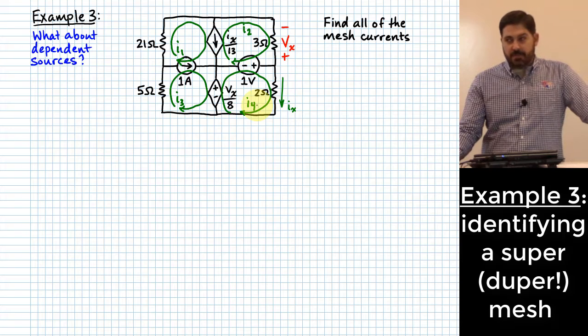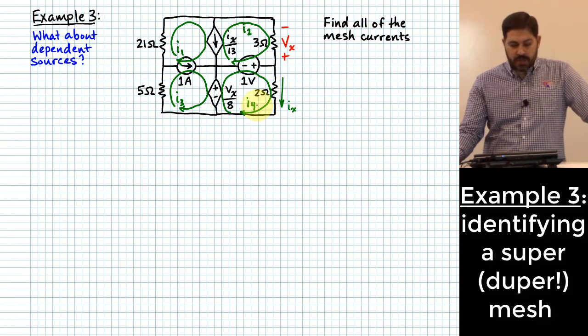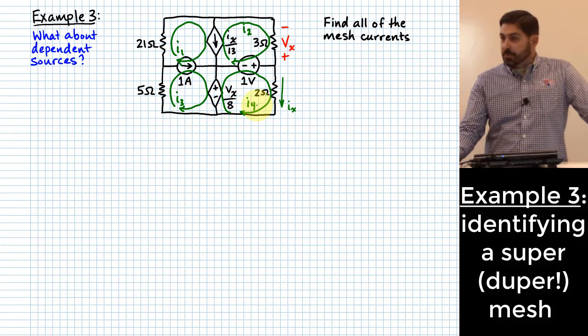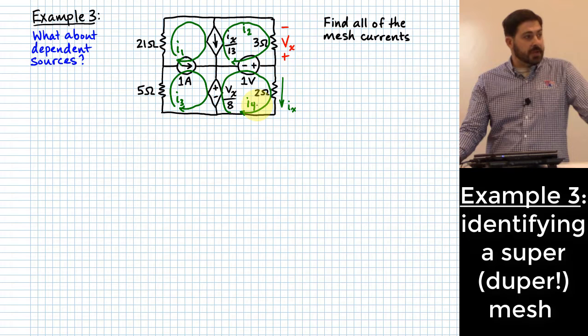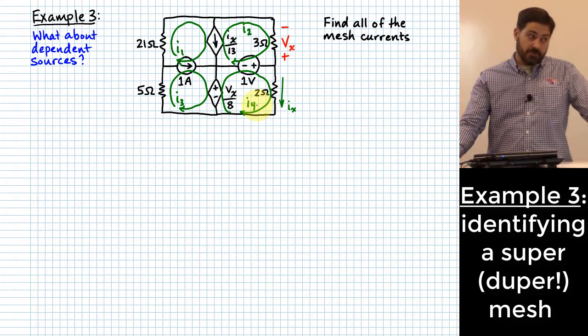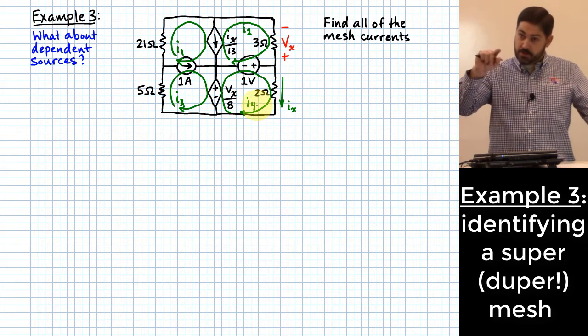Now, before I go to step 2, would it be handy to figure out if I've got any super meshes? A super mesh can be put anywhere you've got a current source, whether it's independent or dependent. It allows you to cut the corner, cut off a spot where you ordinarily would have had to find 2 different meshes.